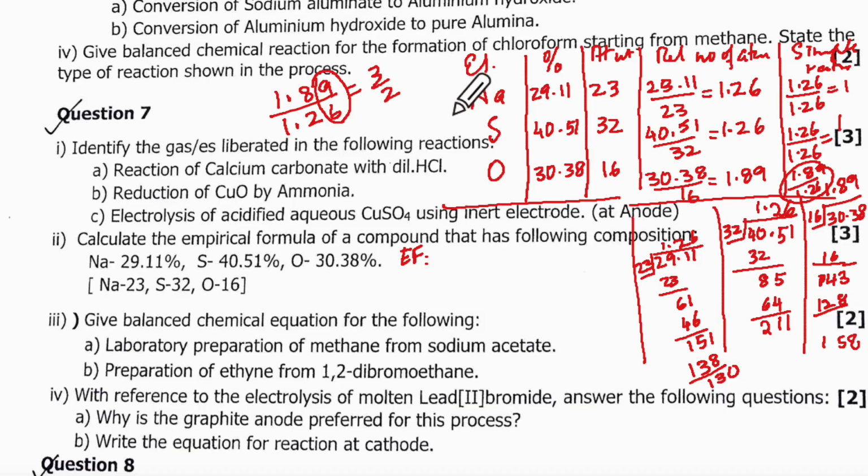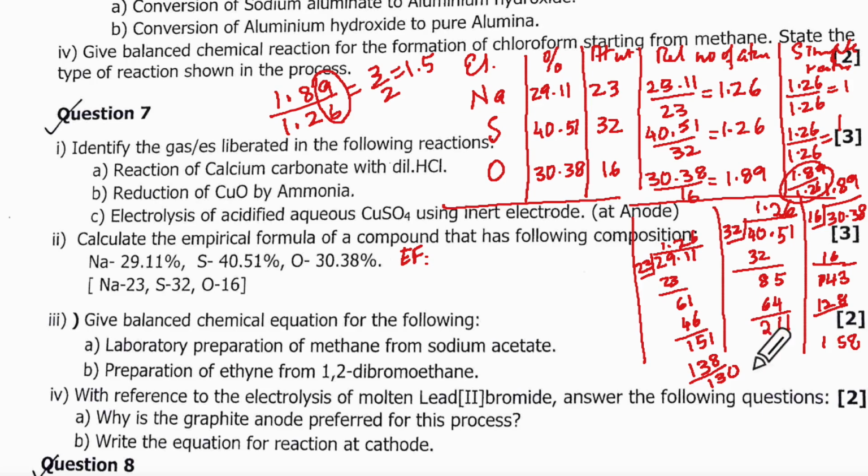Which is 1.5. Now if you actually do the division, it will become something like 1.499 or 1.51, something like that. I think it could be something like 1.49.